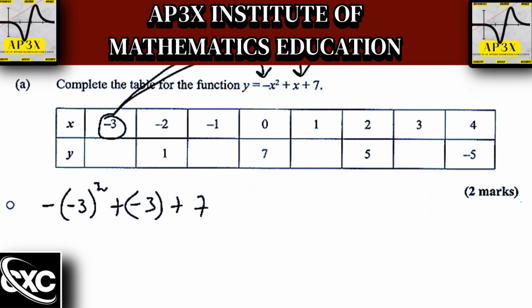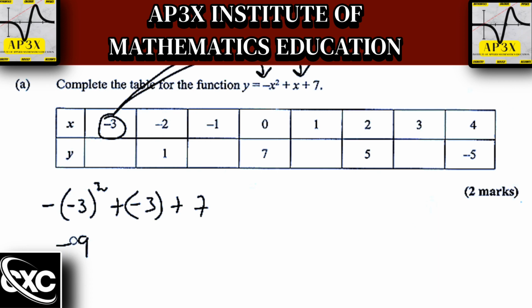Now a common mistake here, I've seen it where students tend to go ahead and distribute the negative and then square the result. That's a problem, and when you try to plot your graph, it's going to look a little bit offset. So remember that exponents come before multiplication, so we have to square the negative 3, which gives positive 9, but the minus lands in front of that positive 9, making it negative 9.